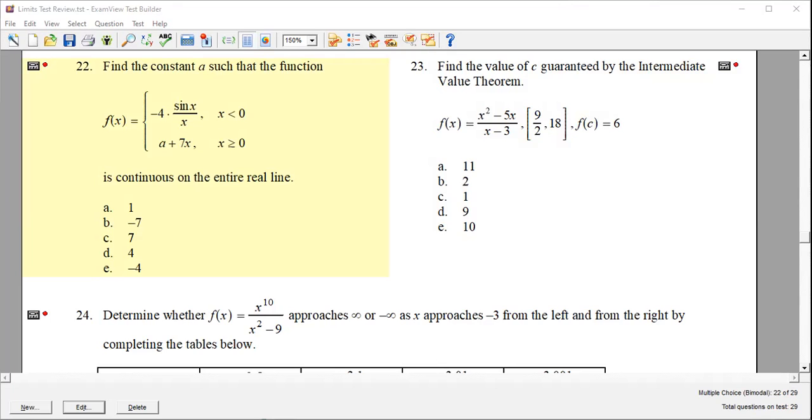Alpha y equals -4 times sine x over x, and then remember, you can do your x is less than 0.